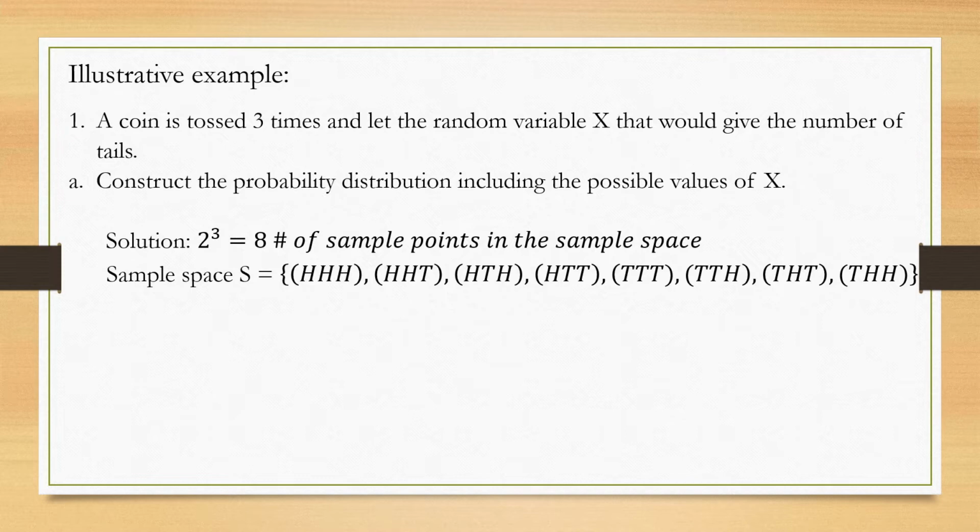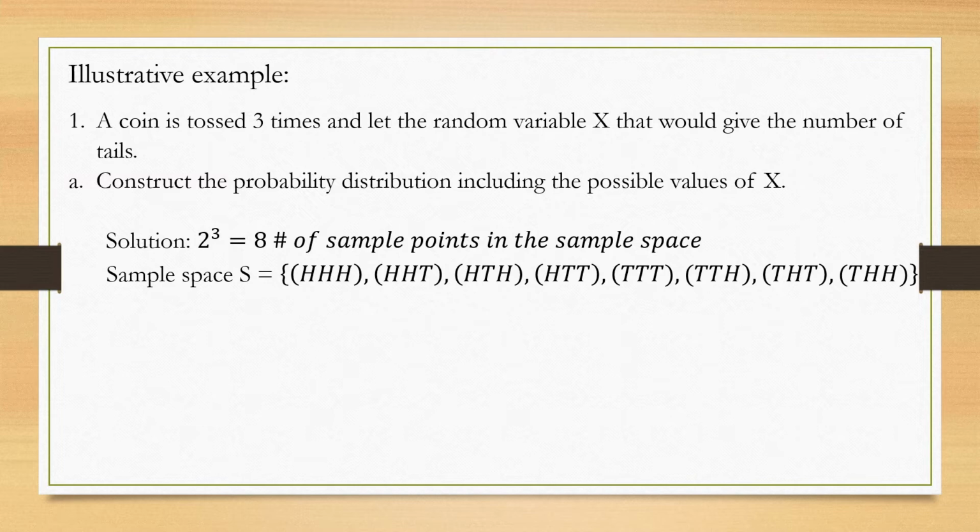So the first outcome, of course, in tossing a coin 3 times, is that all heads will appear. So we have 3 heads. The second one, we have 2 heads and tail. Then for the third outcome, head, tail, and head. Head, tail, tail, then tail, tail, tail. Then we have 2 tails and head.